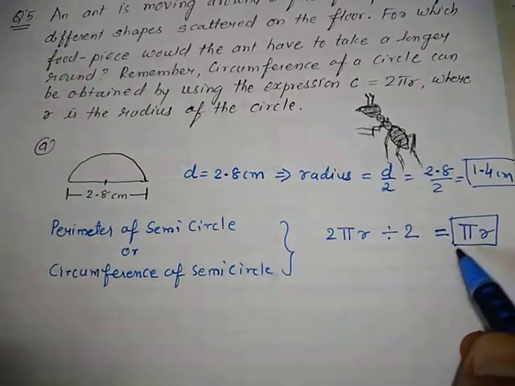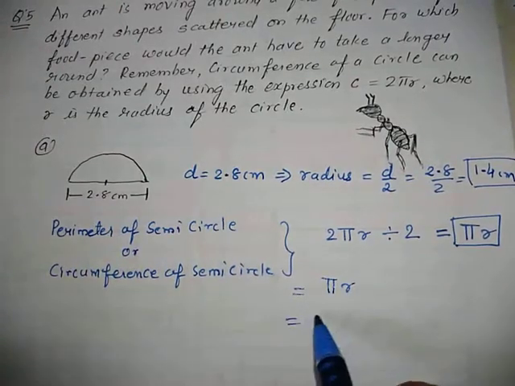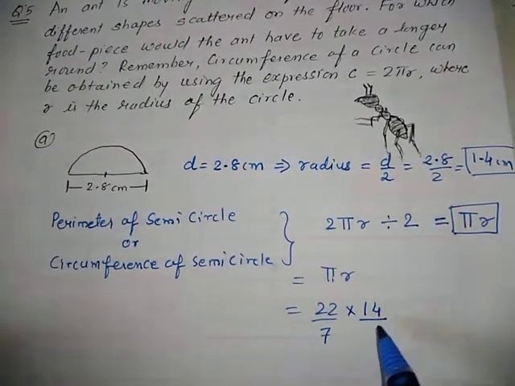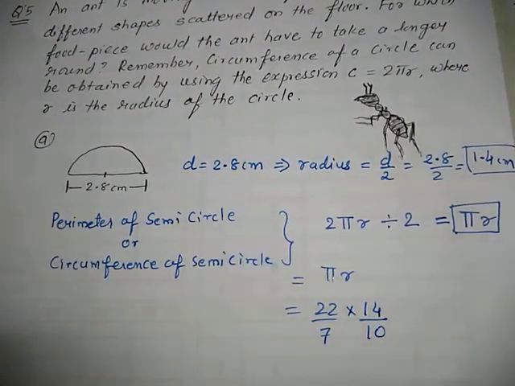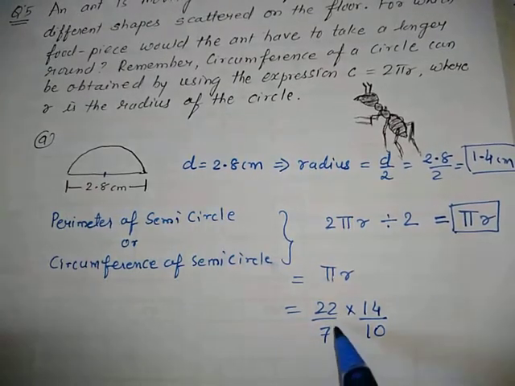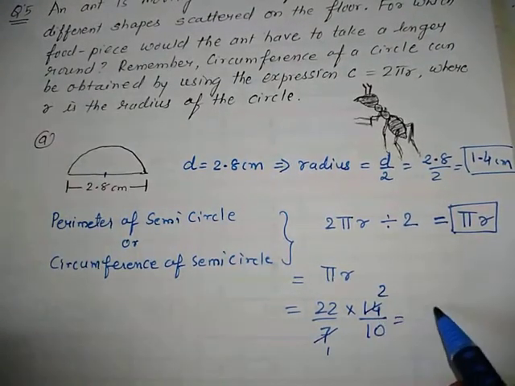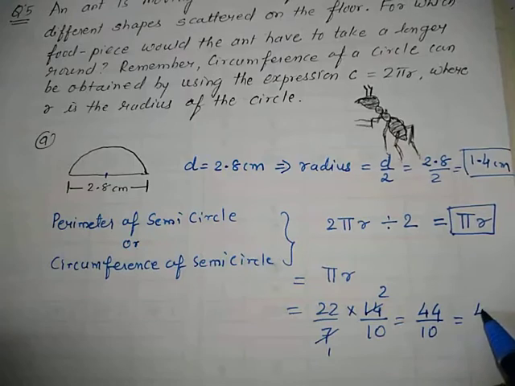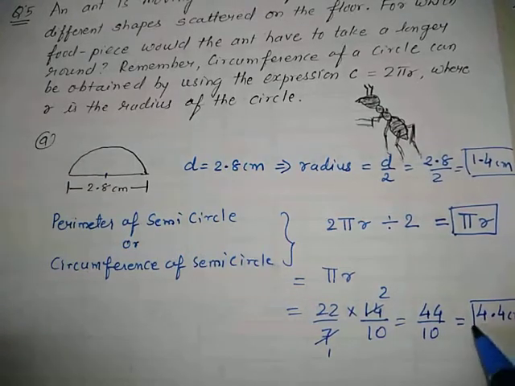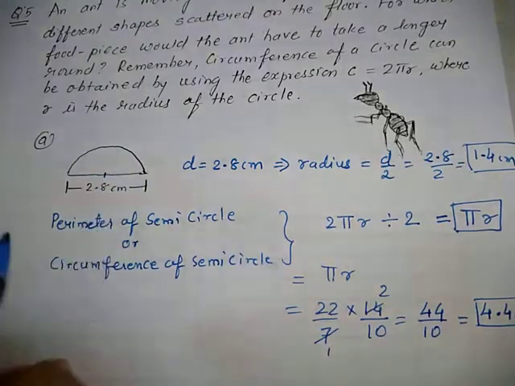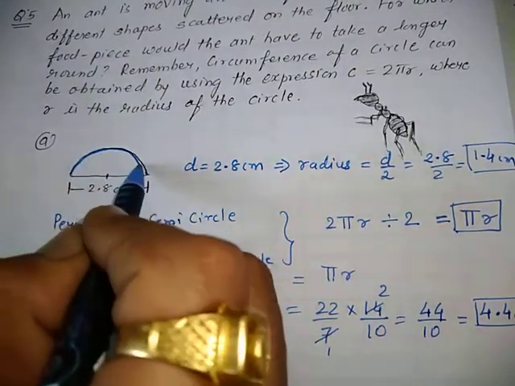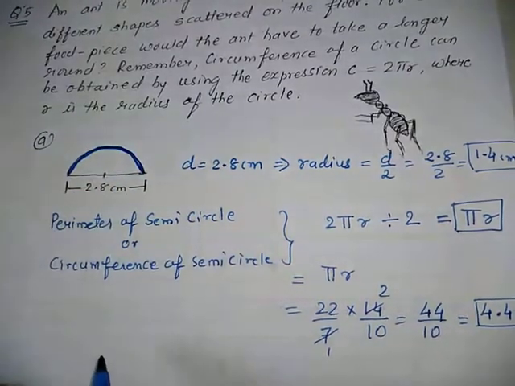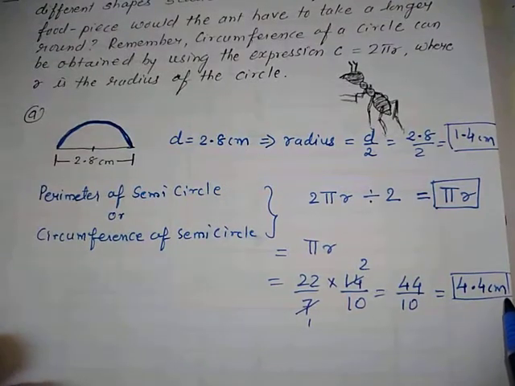So using pi r, 22 by 7 multiplied by 14 by 10 in place of 1.4 centimeter. 7 ones are 7, 7 twos are 14, so we get 22 into 2, that will be 44 by 10, and that will give us 4.4 centimeter. So this is the circumference, this much portion, only this much, not this one.